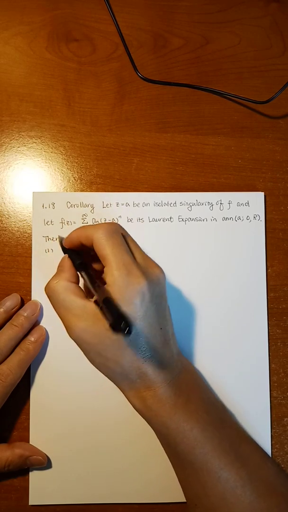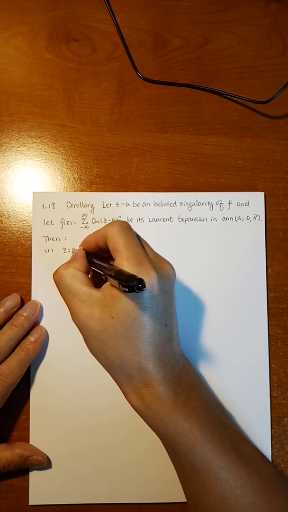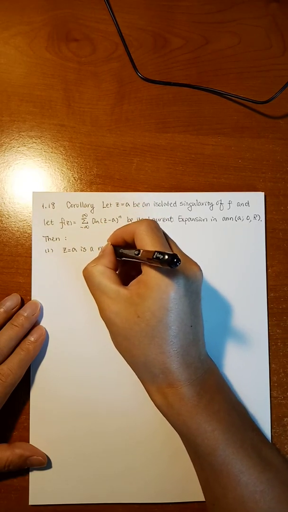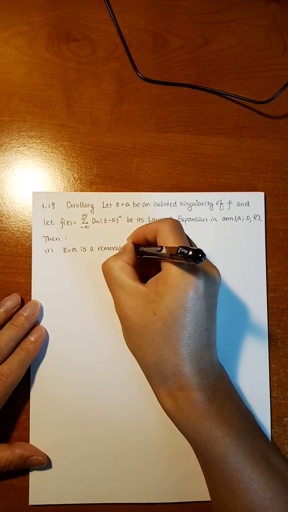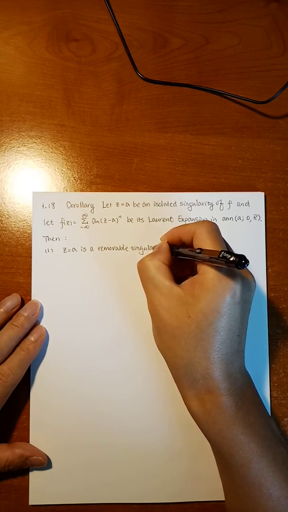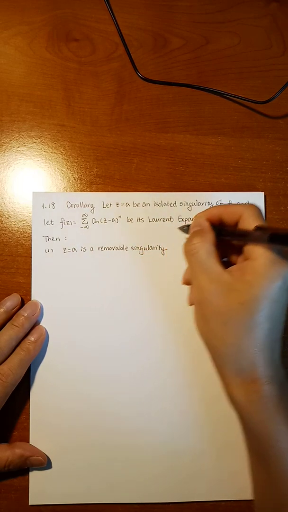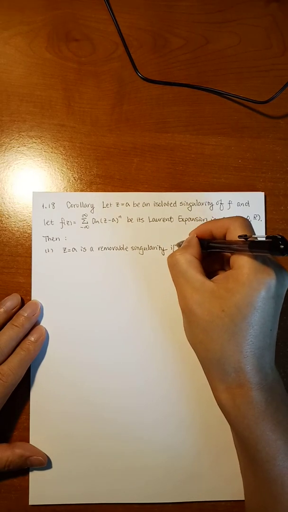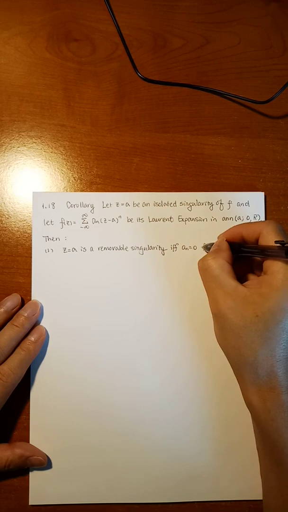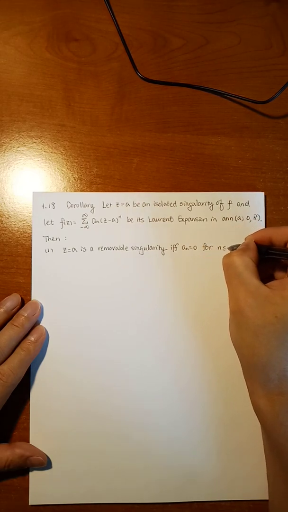Case 1, z equal to a is a removable singularity if and only if a sub n is equal to 0 for n less than or equal to negative 1.